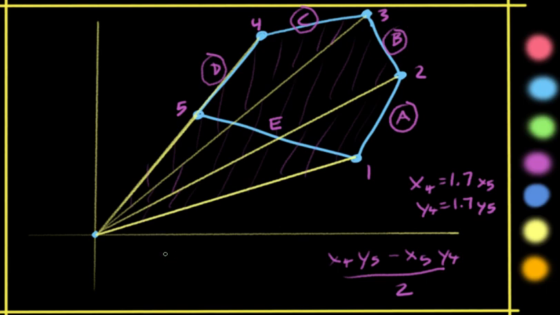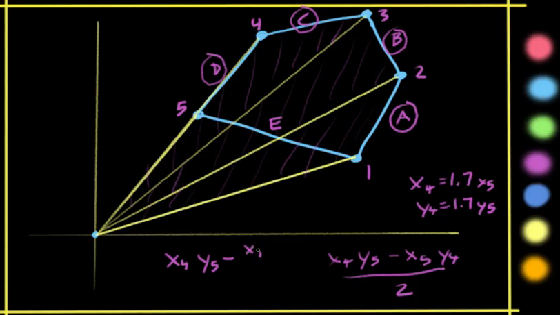So we get x4 times y5, and then minus x5. x5 is x4 divided by 1.7.